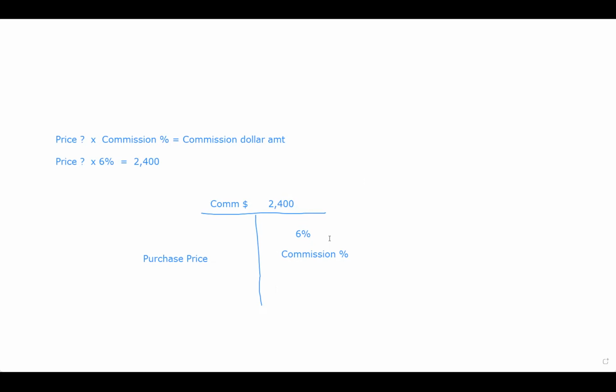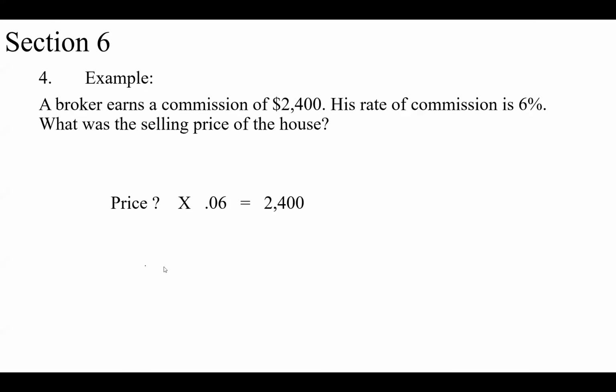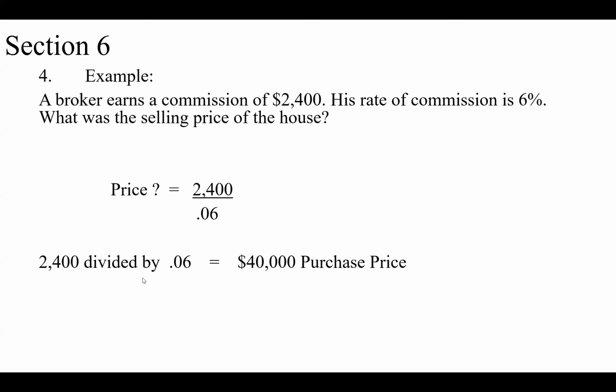If you take your calculator, 2,400 divided by 6% will equal 40,000. So we're going to jump back over to our problem here. And here it is. Divided by 6% equals 40,000. And that is the answer to our problem.